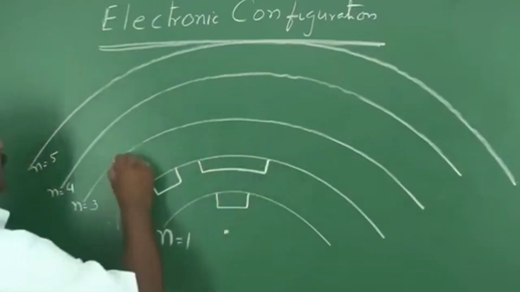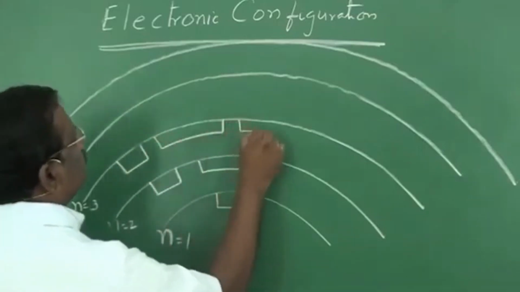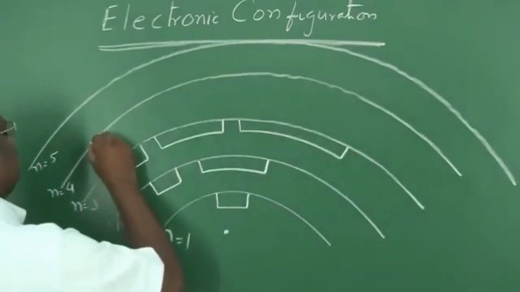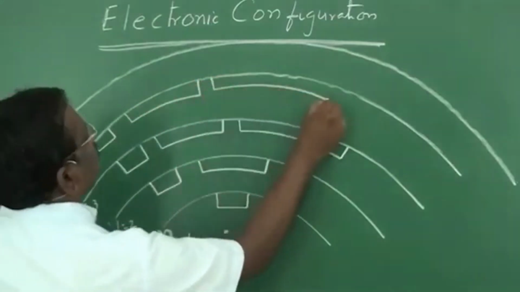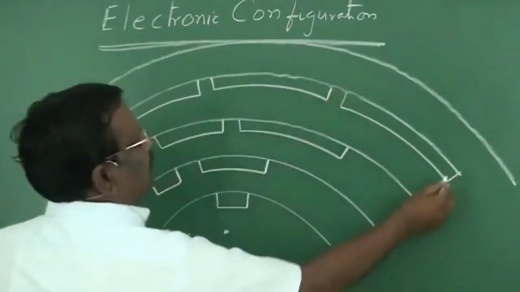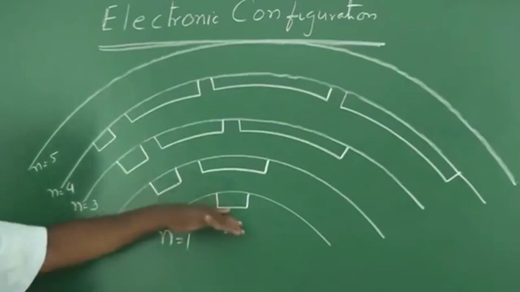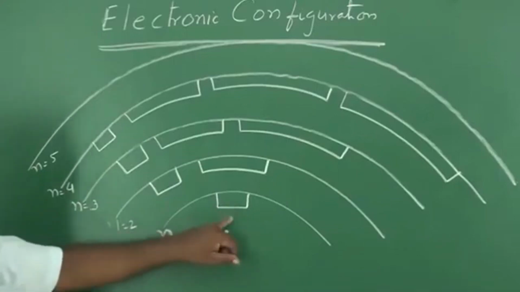For n is equal to 3, we have three. For n is equal to 4, we have four. For n is equal to 5, we have five, and so on. The values of these sub-energy levels are denoted with small l.